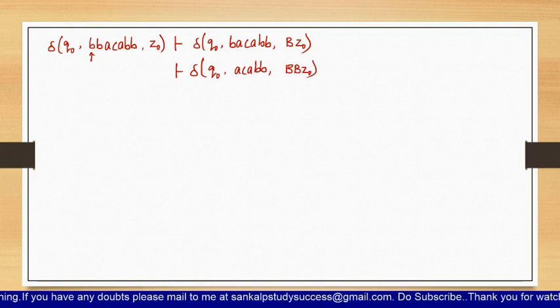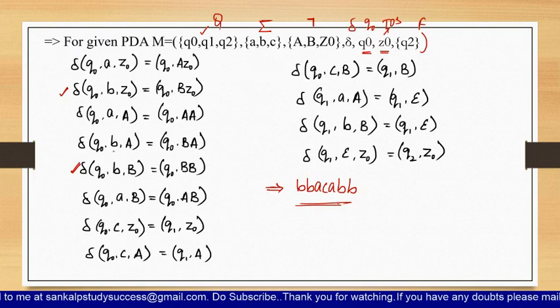So BBZ0. Now our current move is Q0 A and B, right? Because A is the input symbol which we are applying to Q0 and the top of the stack is B. So our instantaneous description of Q0 A B, is there any move or not?